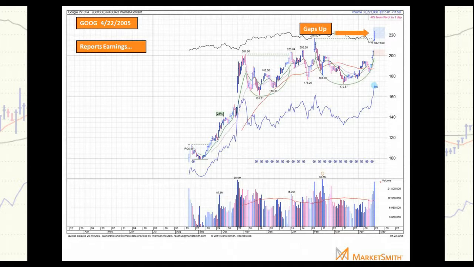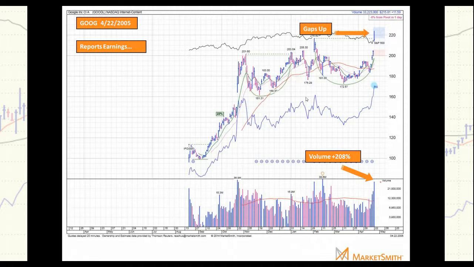I didn't have pattern recognition at that point, unfortunately. So I just see this big gap up on the stock, and I have no idea how to handle it, but I see it's gapping up on huge volume, and I think it's breaking out. I think I probably tried it back here too, and I got shaken out of it. So that was probably in the back of my mind.